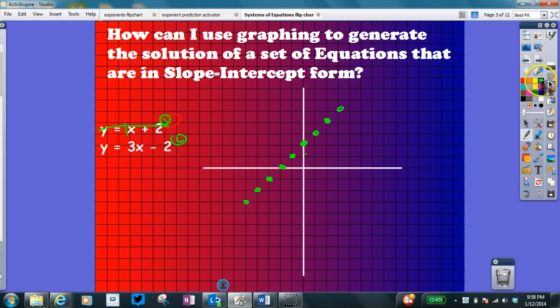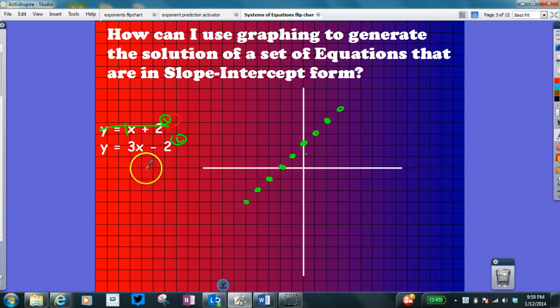Let's change colors here and look at the second equation and just graph it. I have here a slope of 3, because I always want to look at what's next to that x. y equals mx, m being your slope, then minus 2. Negative 2 being my y-intercept.